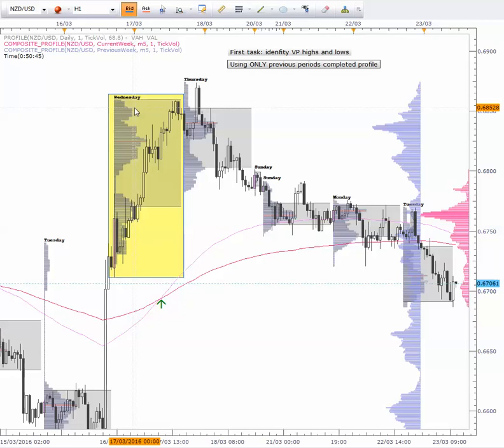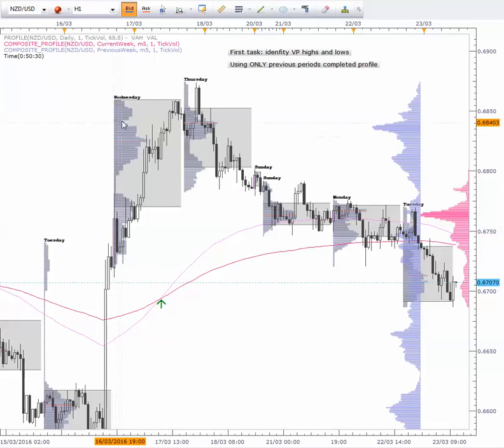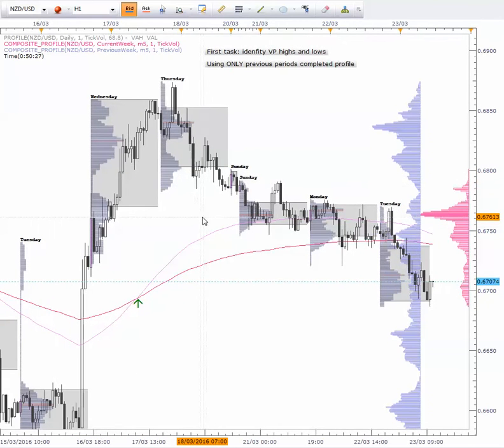Looking at this completed profile, I need to identify highs and lows because I want to buy at lows and sell at highs. So I identify that this area here is a volume profile low.